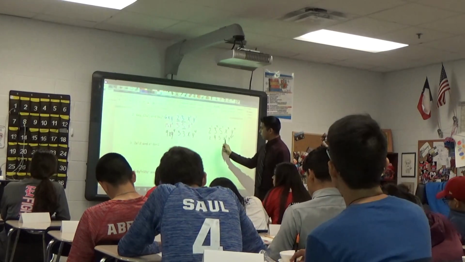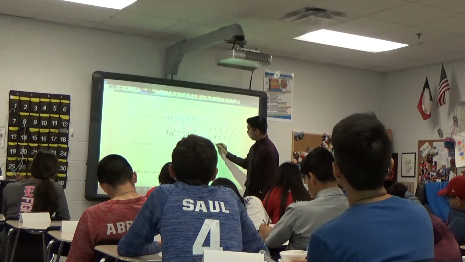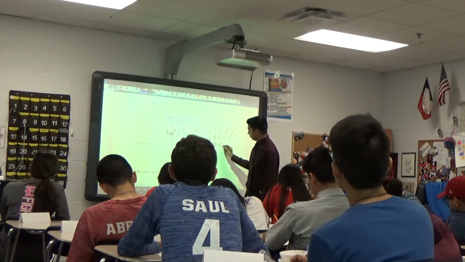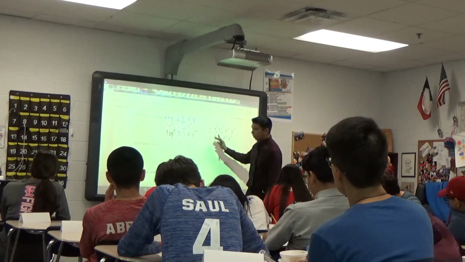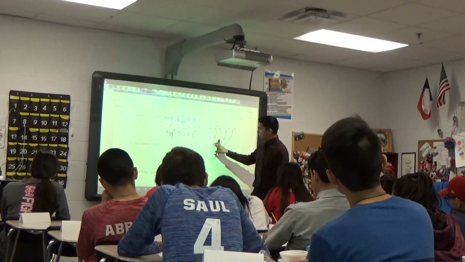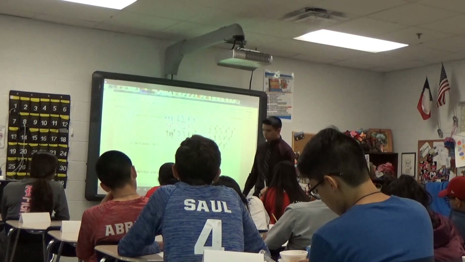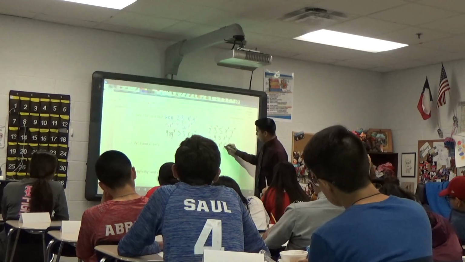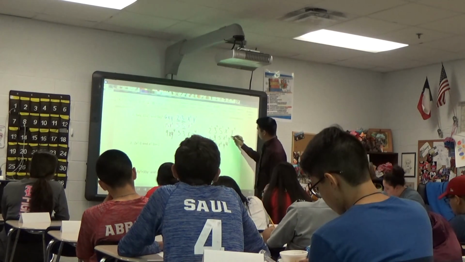Okay? 9 times 5 is 45, times 2, 90. Do we agree with that? 9 times 5 is 45, and then times 2, or, oh, yes. My bad, this was supposed to be to the fourth power.